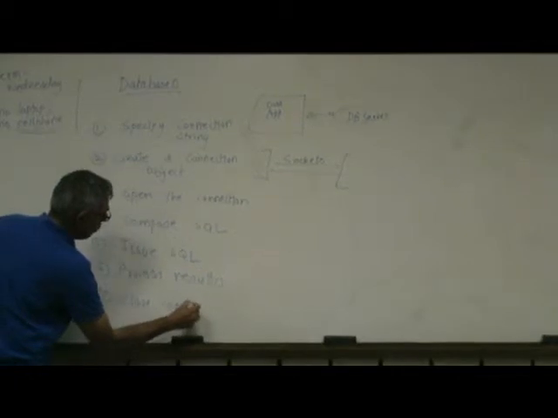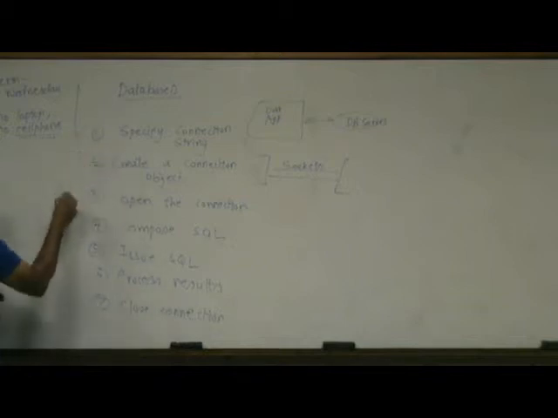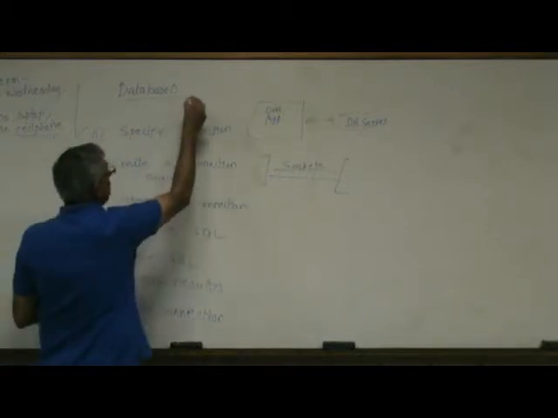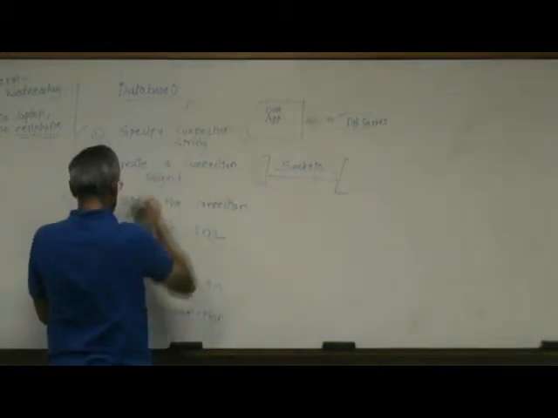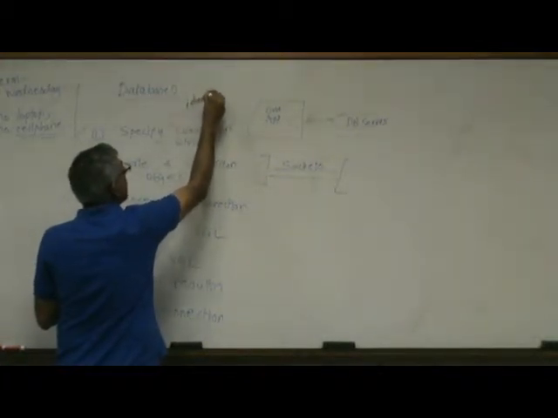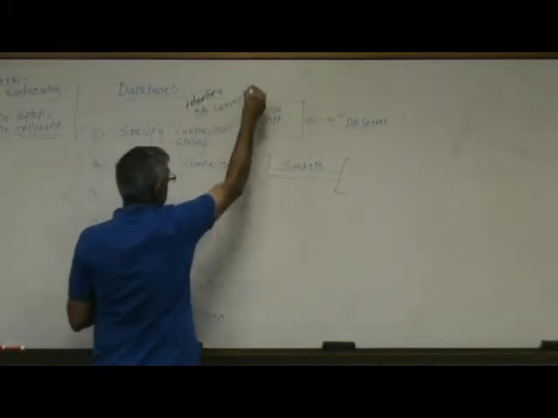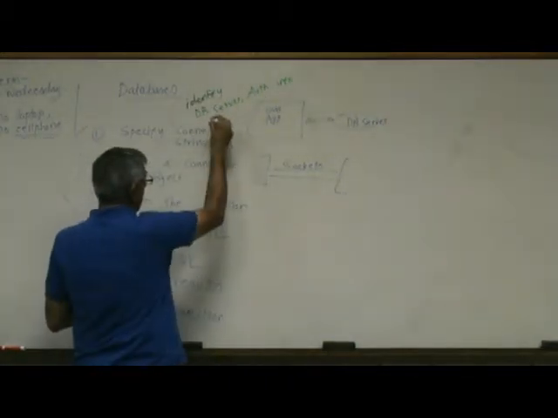So no matter what database you are dealing with, once you're writing the code, typically these are the steps we go through, okay? What's the purpose of the connection string? The purpose of the connection string is to identify the database server and some authentication information, meaning how will we log into the database server and which database.